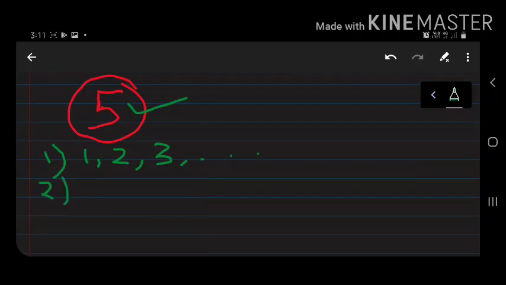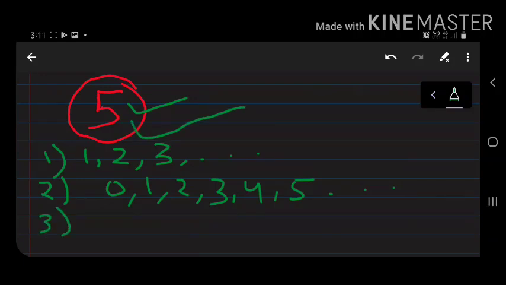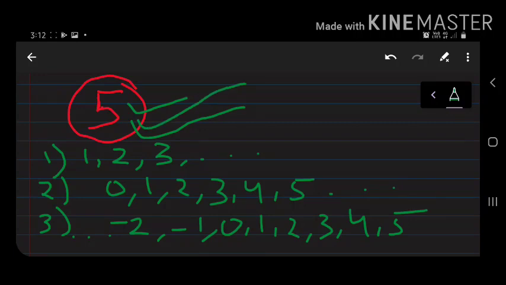After that we had whole numbers starting from 0, 1, 2, 3, 4, 5 and so on. So 5 is also a whole number. After the whole numbers, we studied the integers, which had the natural numbers with the negative sign, 0 and all the positive natural numbers. So 5 is also an integer.